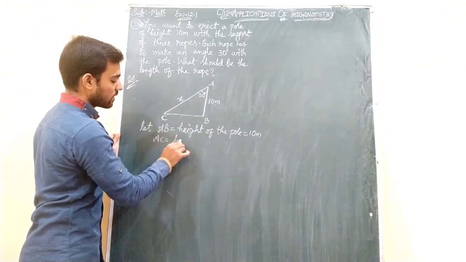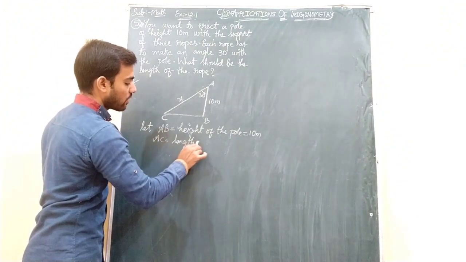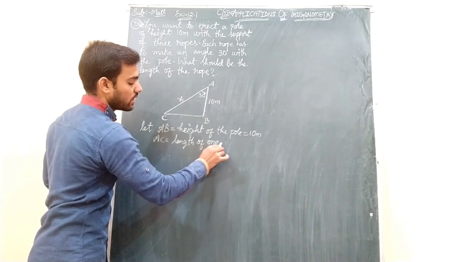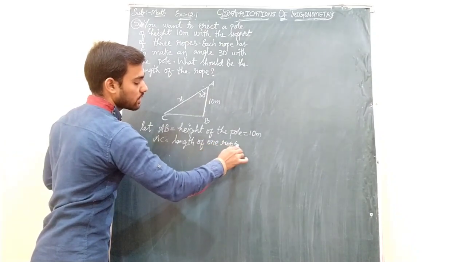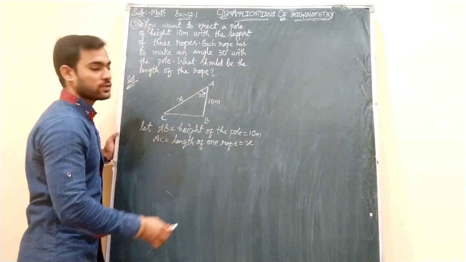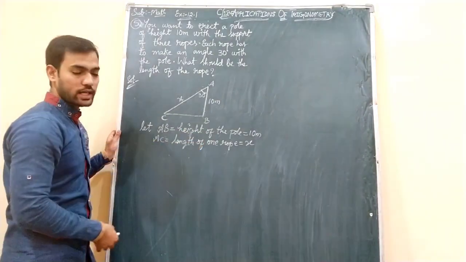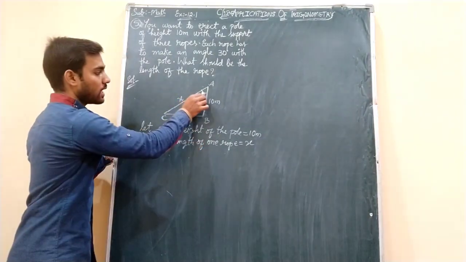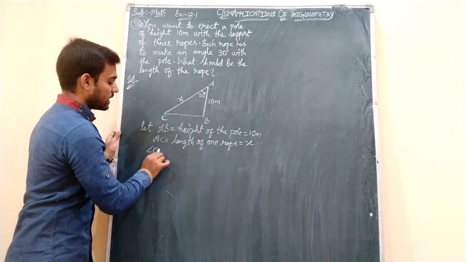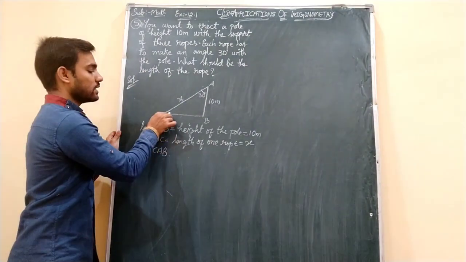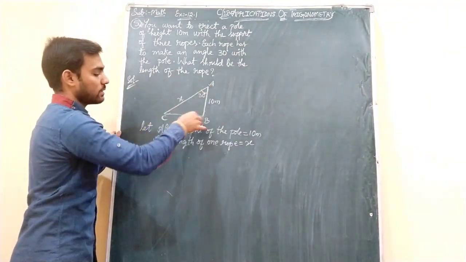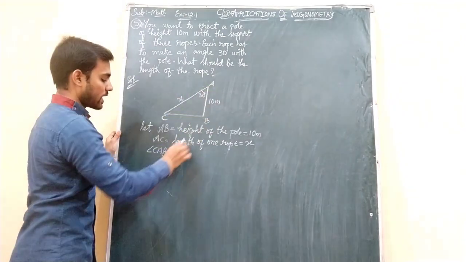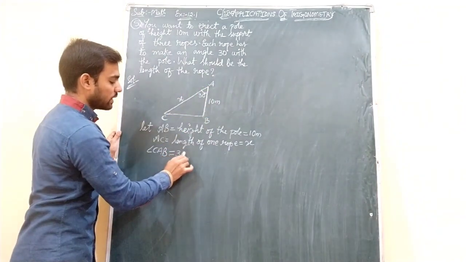So AC is the length of 1 rope. As we don't know it, we are finding it. That is the reason I have taken it as X. Now this angle, CAB. Till now the angle was here, so we were taking ACB. Now the angle is here, so we have to take angle CAB equals 30 degrees.